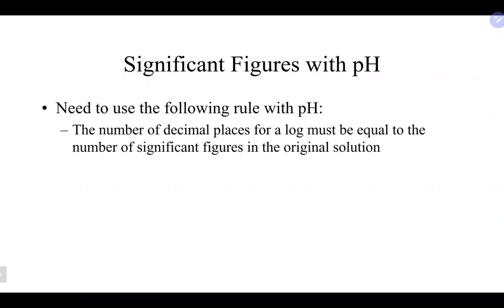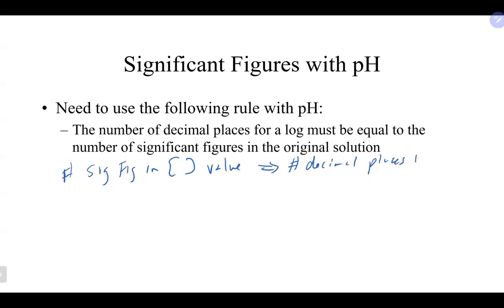Now, when we calculate a value like pH, in terms of significant figures, this is the rule that we typically follow: the number of significant figures in the concentration value translates to the number of decimal places in a pH calculation.